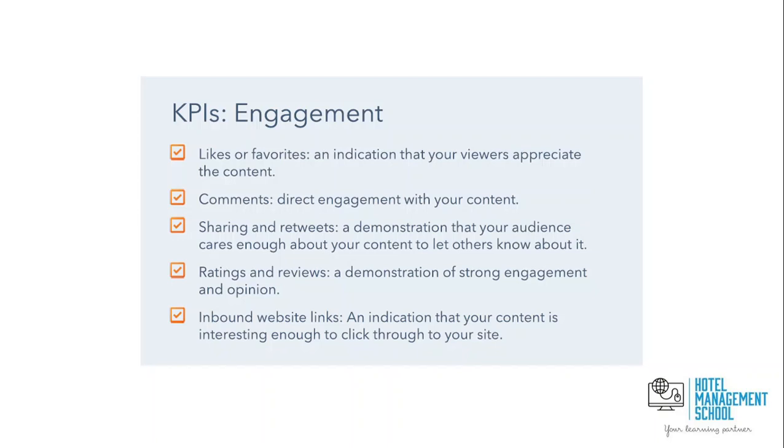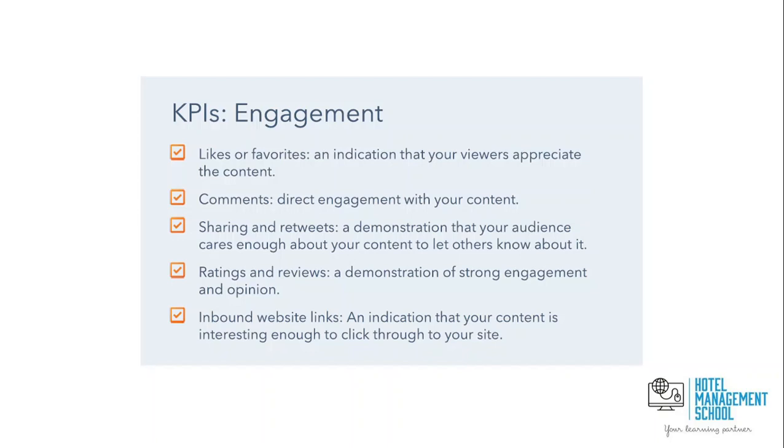A lot of comments means there is direct engagement between your content and your target audience. Another one we count is shares. A share is a demonstration that your audience cares enough about your content to let others know about it. If your content is interesting, your viewer is going to share it with their friends and connections.